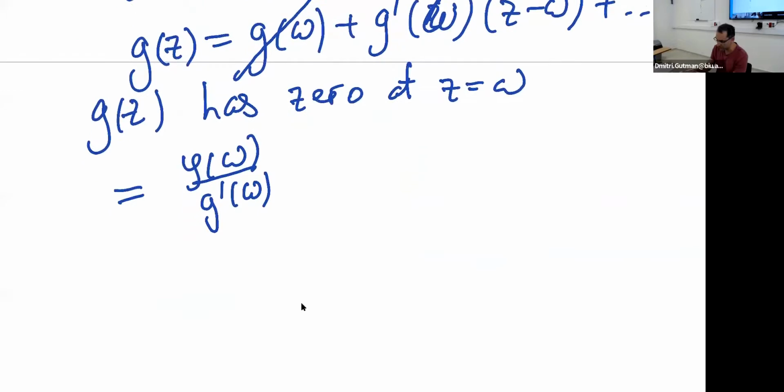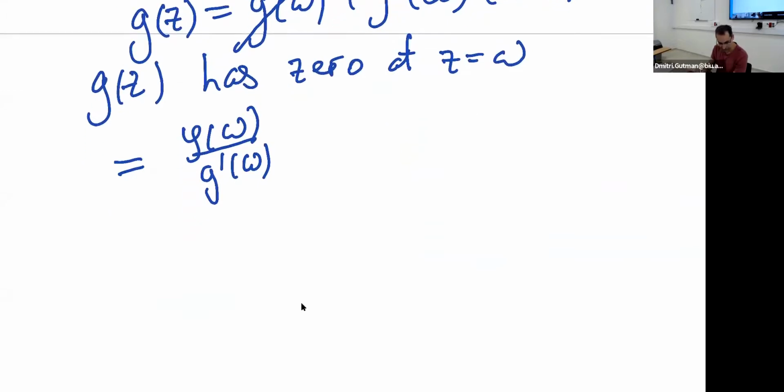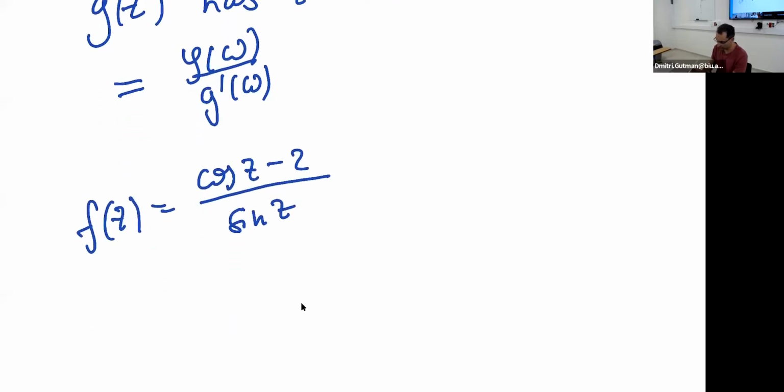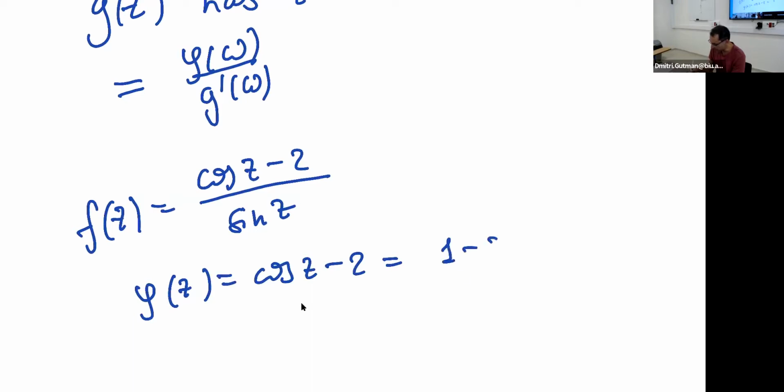And this is precisely what we saw in our example, when we had f of z being cosine z minus 2 divided by sine z. At point 0, phi of z was cosine z minus 2, and we replace it by 1 minus 2 equals minus 1.